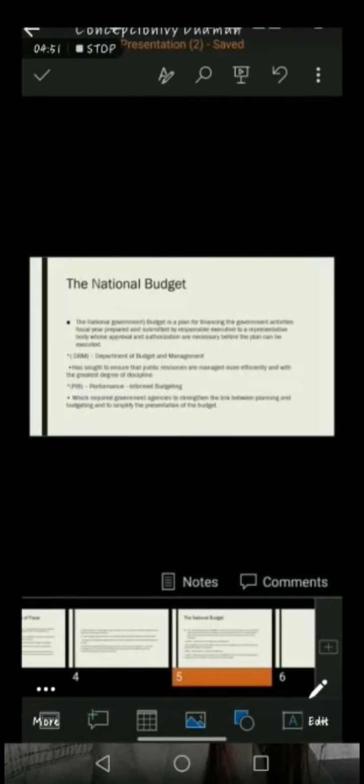Next, the national budget. The national government budget is a plan for financing the government activities for a fiscal year, prepared and submitted by a responsible executive to a representative body whose approval and authorization are necessary before the plan can be executed.